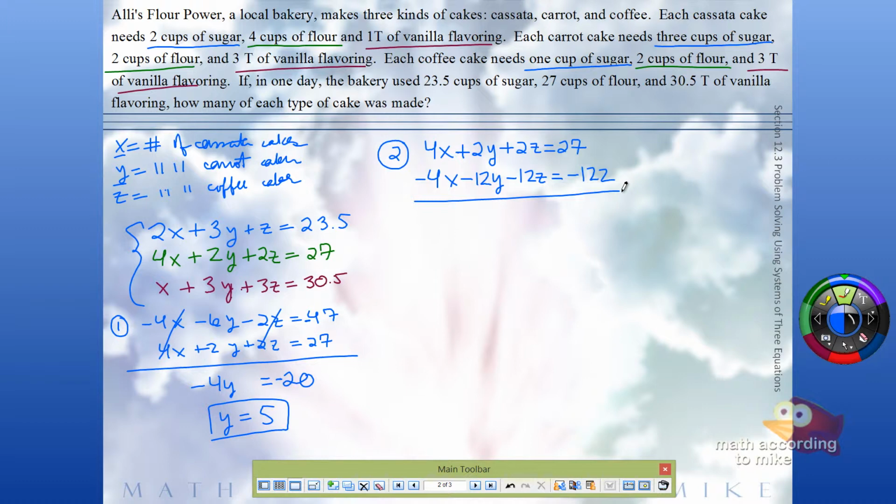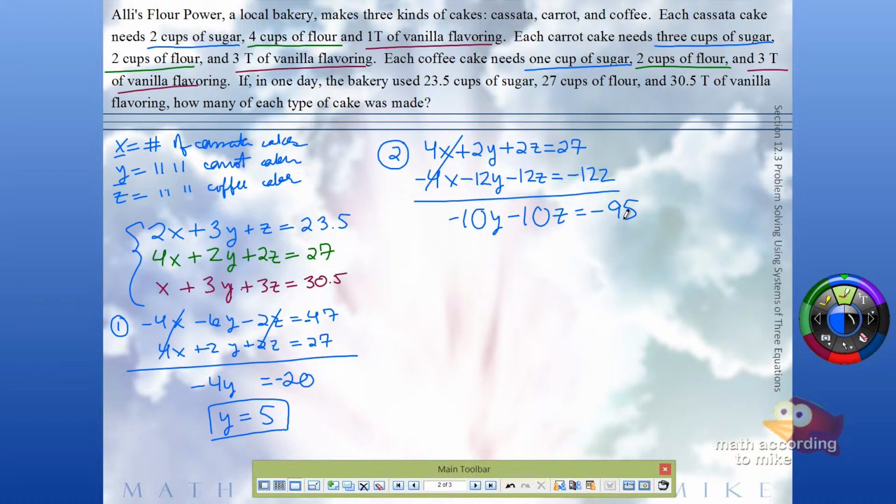Adding them together, the x's are gone. I get -10y minus 10z equals -95.